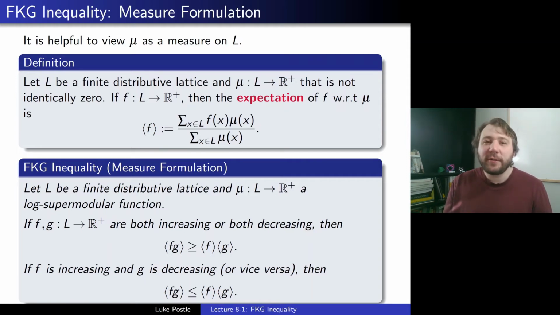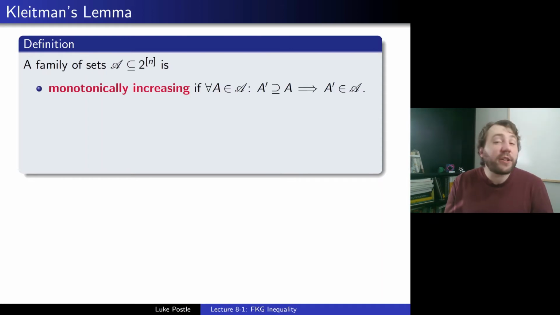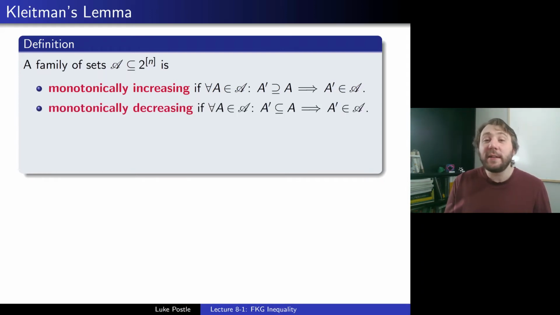And now we can turn from that towards Kleitman's lemma, which is really an application of the FKG inequality. So we say a family of sets, a subset of 2 to the n, so a family of subsets of [n], is monotonically increasing if for every A in the family, all of the sets above A are in the family, and monotonically decreasing if the alternate holds.